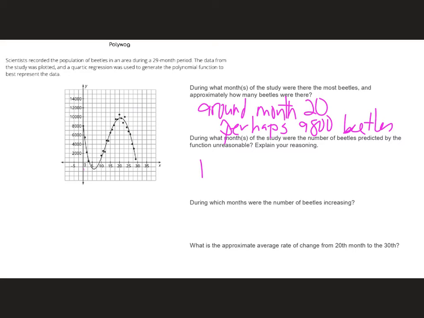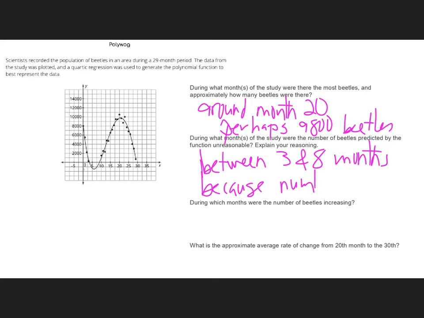So perhaps between, I'll just say between, what did I say, 3 and 8 months, because the number of beetles was negative. And that doesn't make any sense. Having a negative number of beetles doesn't mean anything.